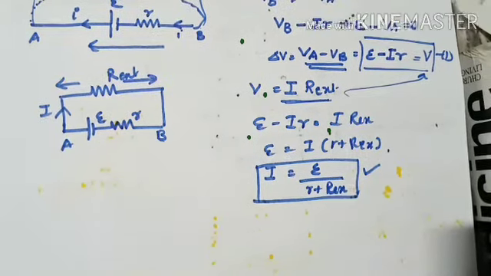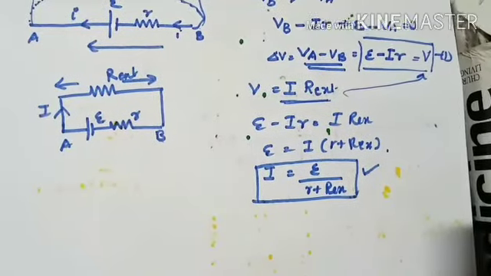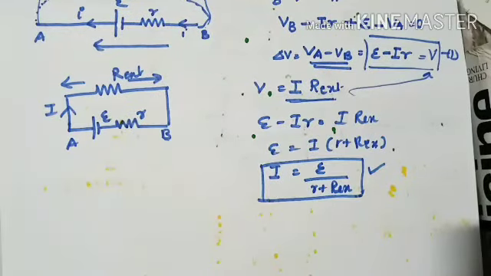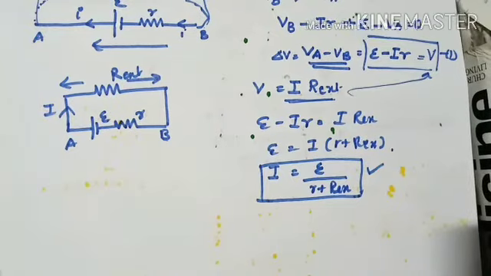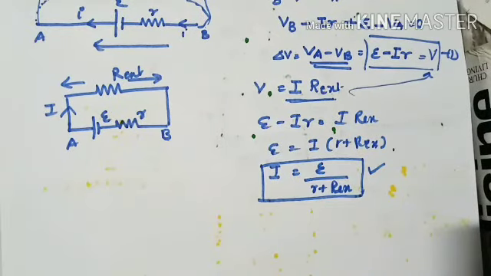Sometimes the positive terminal is connected to the negative terminal of another cell, or it can be positive and positive connection. One cell might be 20 volt, the other might be 10 volt, and the circuit might consist of resistor, capacitor, and inductor, which you will learn later on. You can never understand whether a circuit is series or parallel. In that condition, Kirchhoff's two laws help you.